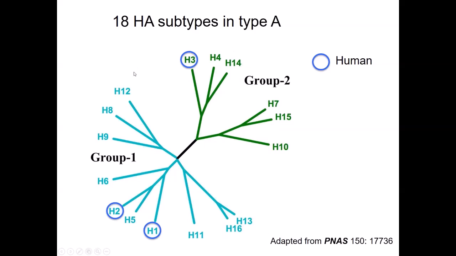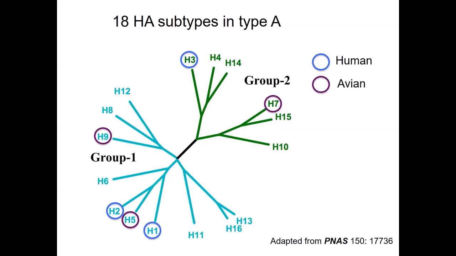Within type A, there are 18 subtypes that have been defined, and this is just a rough phylogeny that shows those subtypes also fall into two major groups, group 1 and 2. The three human subtypes that have commonly circulated, H1 and H3 currently, and H2 from 57 to 68, actually cross two different groups, which makes things complicated.